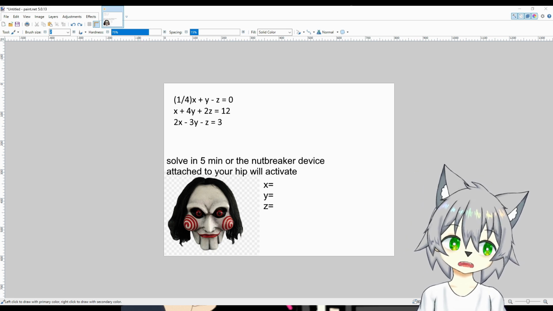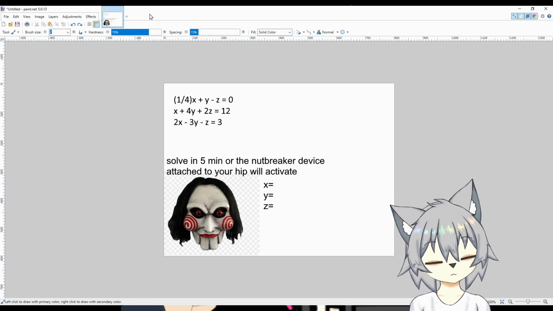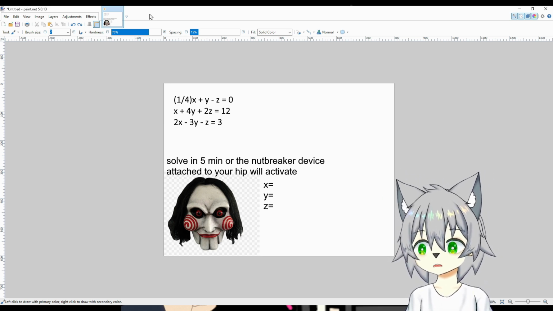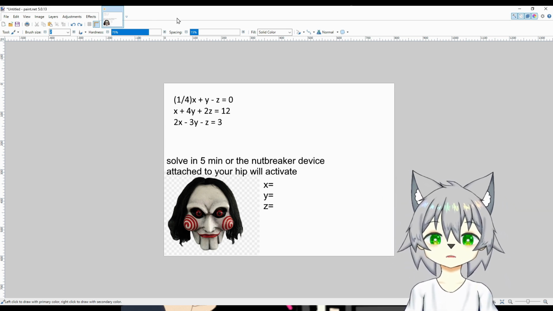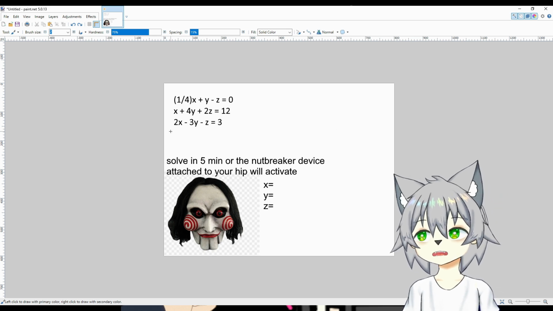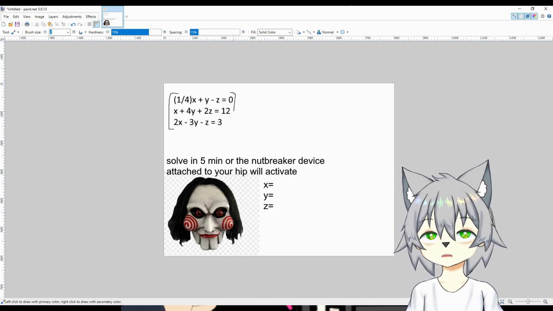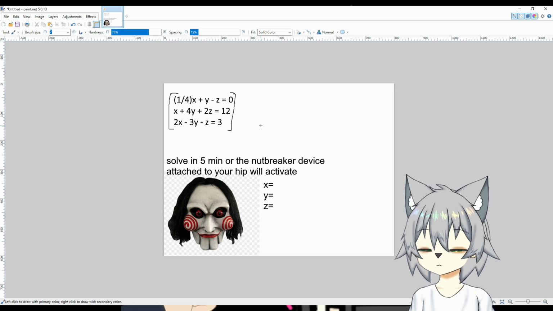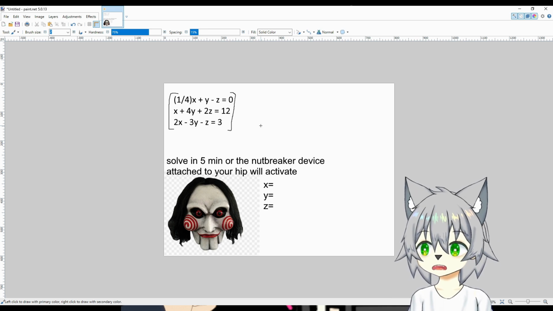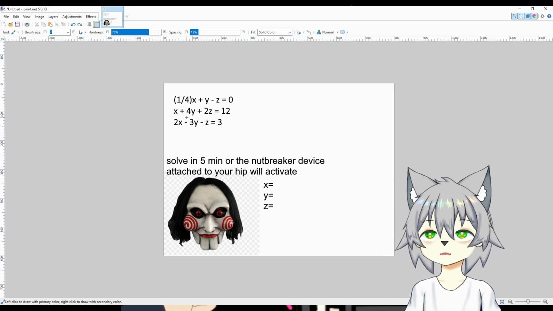You're just gonna have to let the device activate while I explain this. So, instead of trying to isolate the variables, by moving everything to one side and solving for just one variable, maybe instead we use this entire thing here, and we just focus on subtracting the entire things in of themselves.